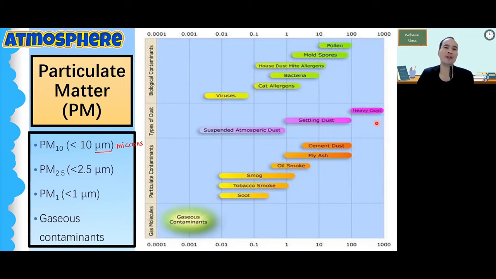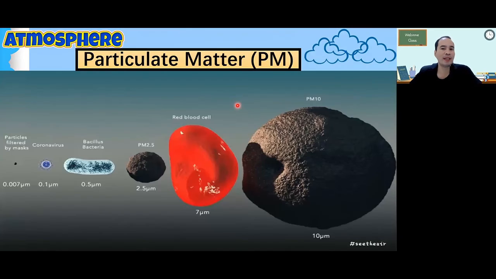So your COVID-19 is an example of your particulate matter because your COVID-19 is an example of your virus. Okay, so as we can see in the graph, the size of viruses is very, very tiny. It's less than 0.1. So that's why your coronavirus is very dangerous because of its very small size.